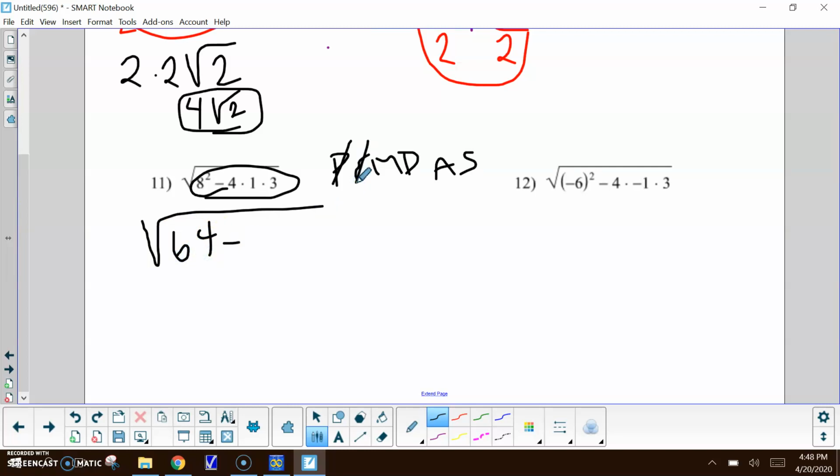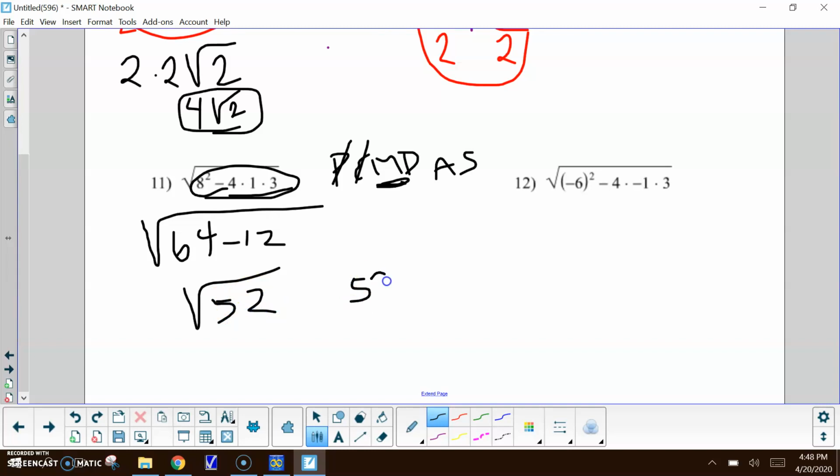So I did that, and then I'm going to multiply or divide, so I can actually multiply all these numbers. So I have 4 times 1 times 3, so that would be 12. And then I do 64 minus 12, so I have 52.